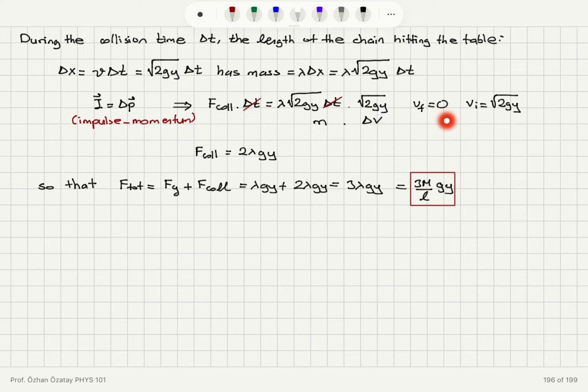It stops as soon as it hits the table. Initial is square root 2gy. So we find that the collision force is 2 lambda gy, so that the total force is 3 lambda gy, adding the contribution from the normal force, which is counterbalancing the weight. So we have 3M over L gy as our final answer.